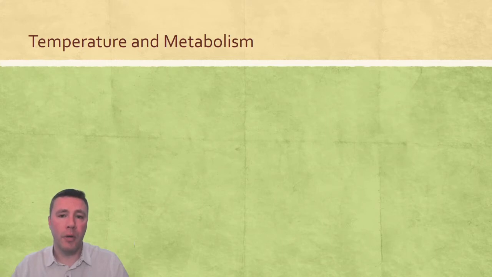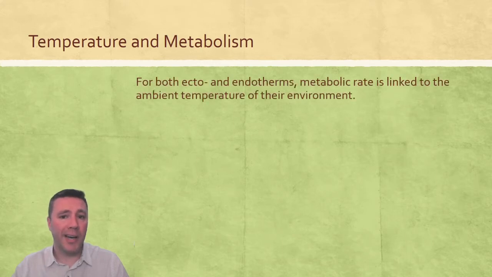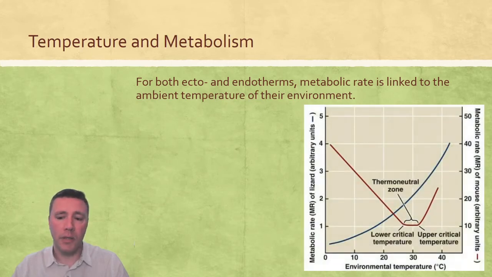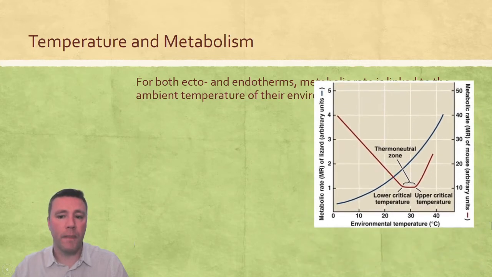For an endotherm, although its body temperature is not connected to its ambient environmental temperature, the same cannot be said of its metabolic rate. This also applies to ectotherms as well. This graph right here shows the relationship between environmental temperature and metabolic rate. The blue line represents an ectotherm and the red line represents an endotherm.